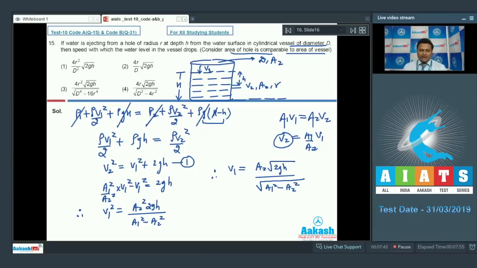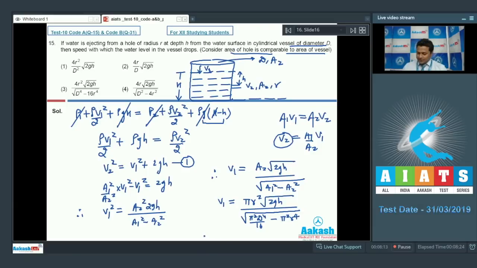Now putting the value of A1 and A2 in the final expression, we will get V1 as A2 is pi r square under root 2GH whole divided by A1 is pi d square upon 4. If you square, then you will get pi square d to the power 4 by 16 minus of A2 square, that is pi square r to the power 4.